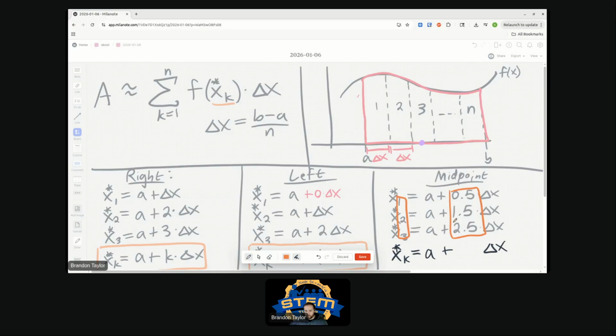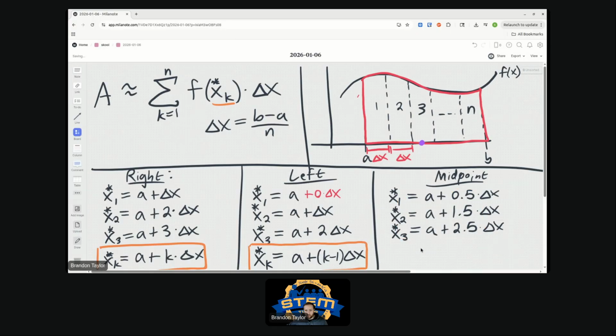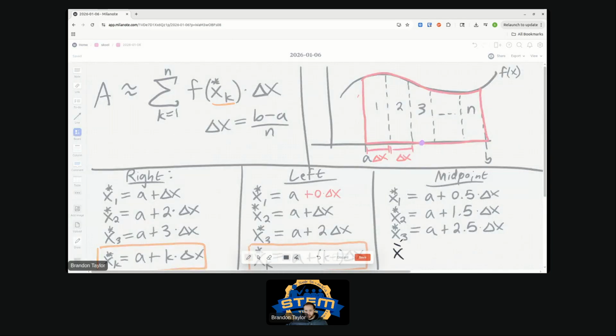So 3's got to go to 2.5. 2's got to go to 1.5. 1's got to go to 0.5. Hopefully, if you notice, the formula is k minus 0.5. Right? So x star k would be a, I'm just going to write with more room, k minus 0.5 times delta x.